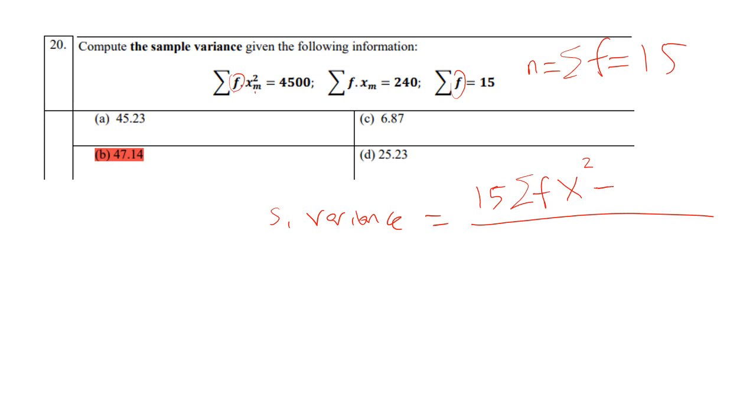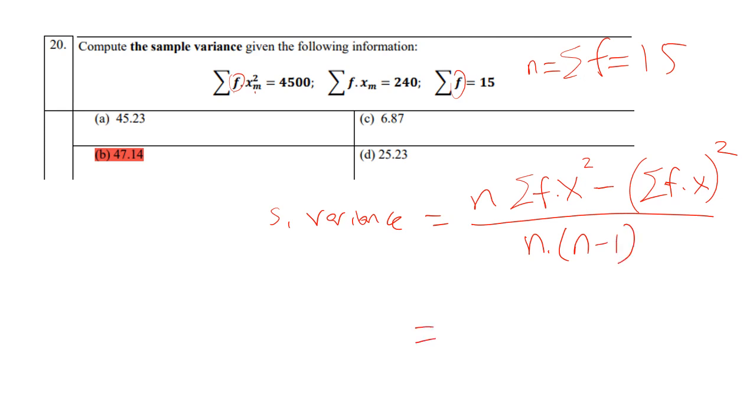It will be n times the sum of f times x squared, minus the square of the sum of f times x, and then divided by n times n minus 1.